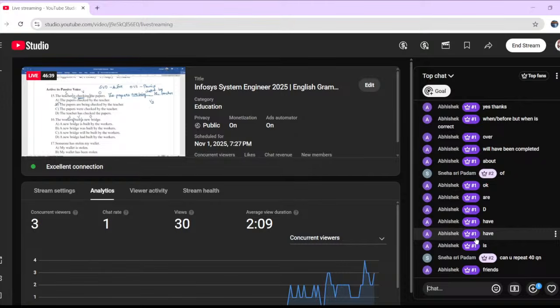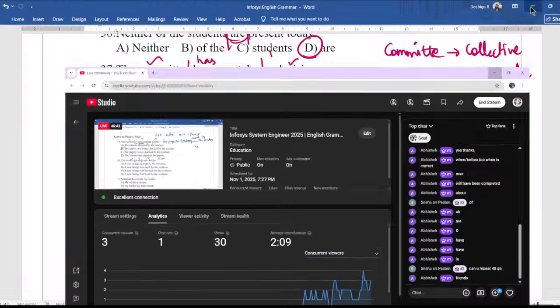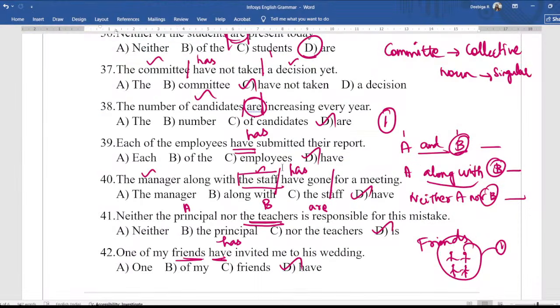Okay, Sneha has asked me to repeat question number 40. Okay, I will. The manager along with the staff have gone for a meeting. Okay, so here you can see, when you encounter questions like this with along with, two subjects are connected by something, and that is and or along with.